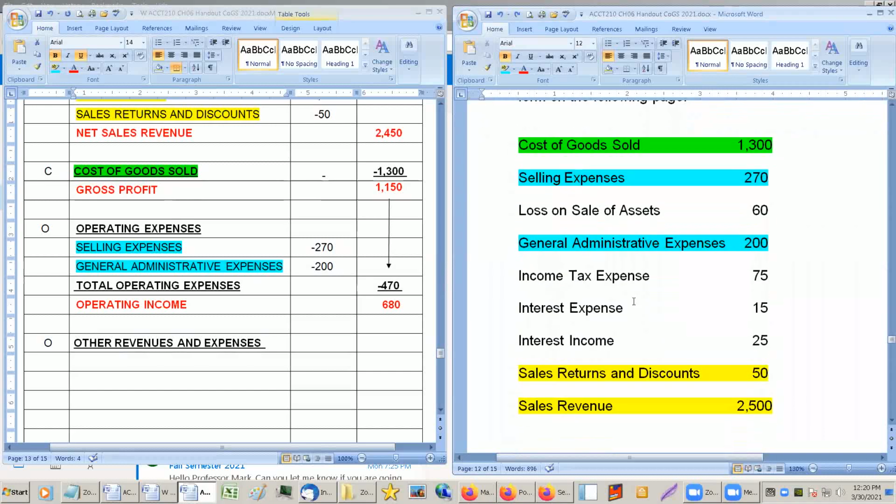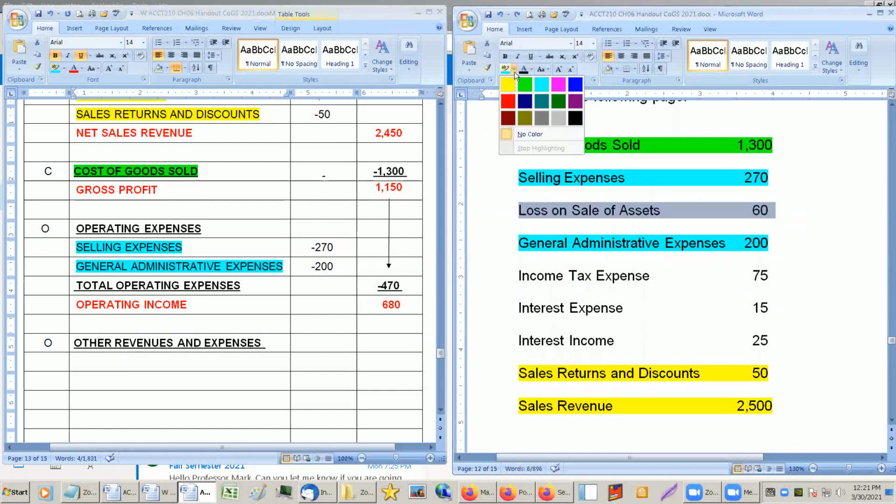I'll make those red. Let me get rid of that, it'd be confusing. I'll make it gray instead.